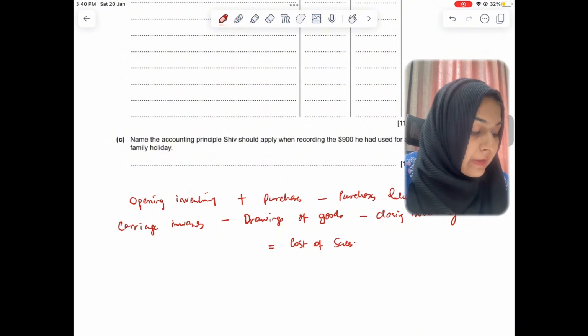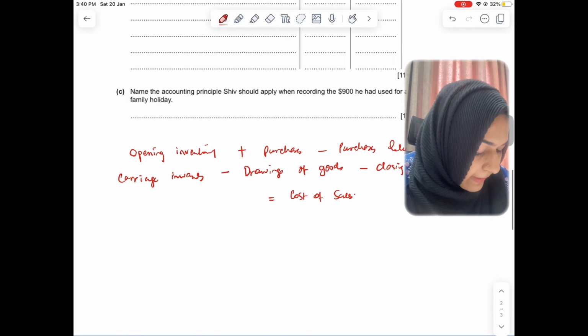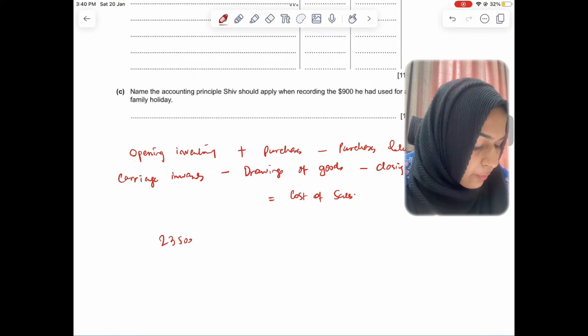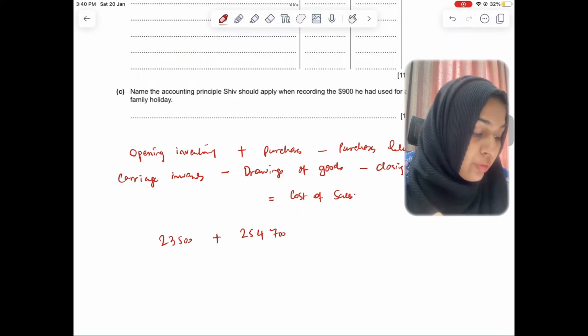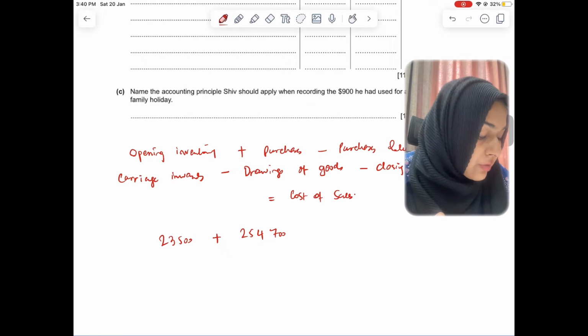So here when we applied the same thing, we started with an opening inventory of 23,500. We added purchases 254,700, and then you don't have purchases returns. You don't need to worry. There's no carriage inwards. There's no drawings of goods. So less closing inventory, that'll be X, and then you get a cost of sales of 256,000.